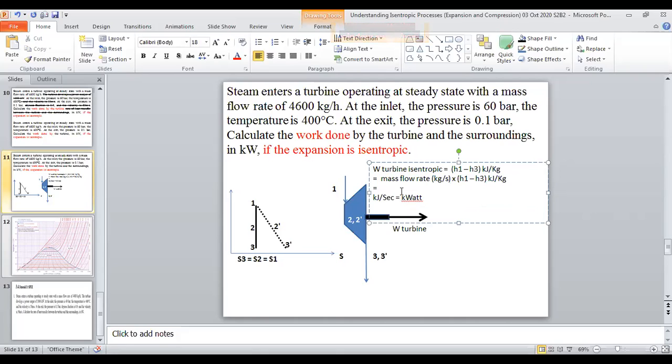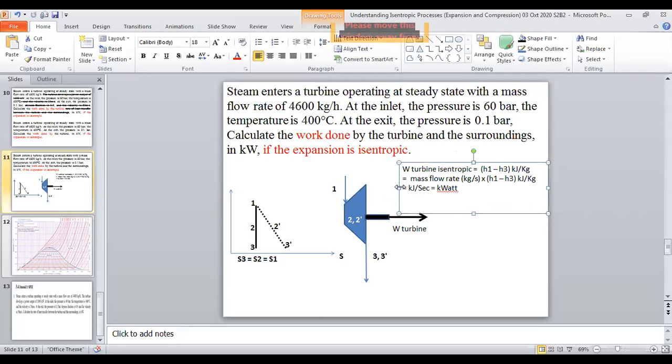So mass flow rate is 4600, and you can convert that kilogram per hour into kilogram per second. That is no big deal.